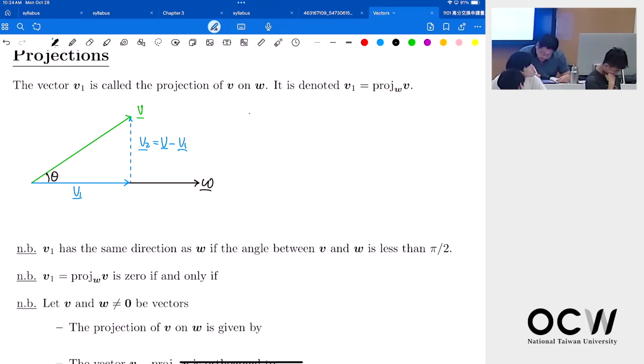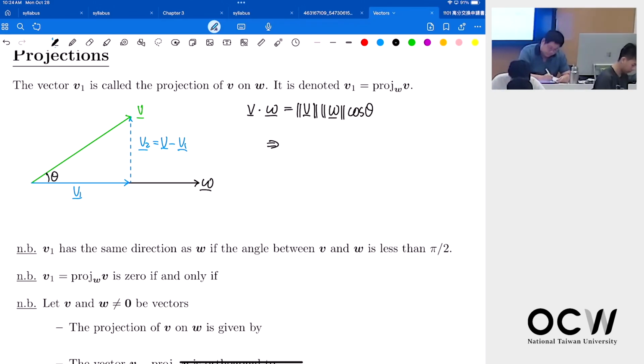If I have v dot product w, that means the norm of v times the norm of w times cosine theta. So here you can see the norm or the magnitude of v cosine theta is the dot product divided by the norm of w.